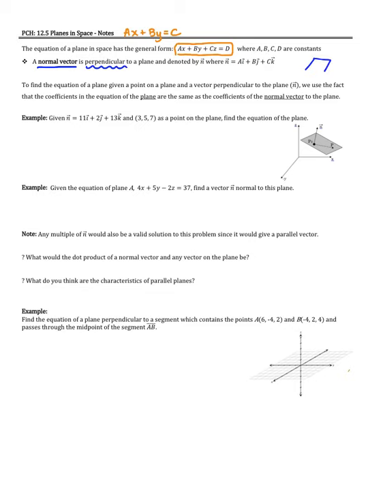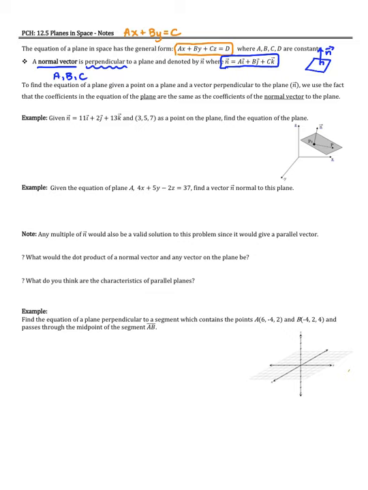So here you would have a plane, and if I have a vector coming off of that plane, it would be perpendicular to that plane. That would be a normal vector, which we tend to denote with little n for normal. And notice that it has the same coefficients as the equation of the plane, which is very interesting.